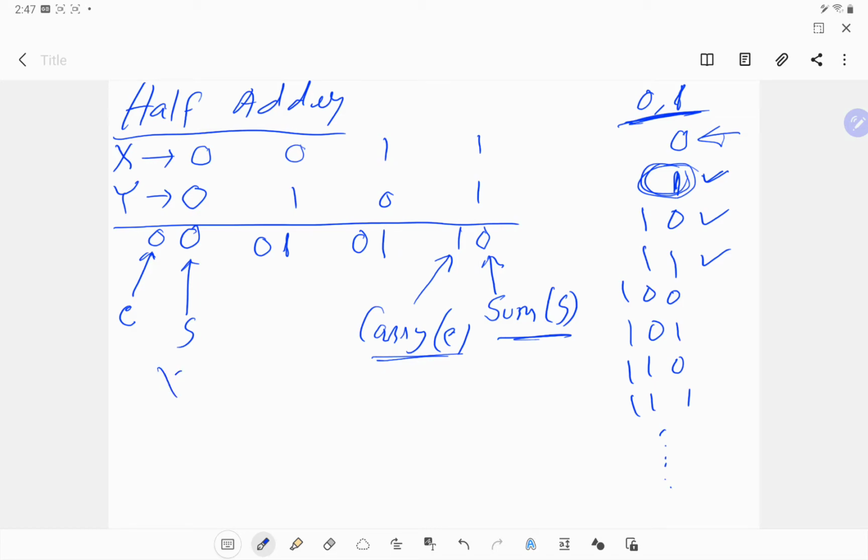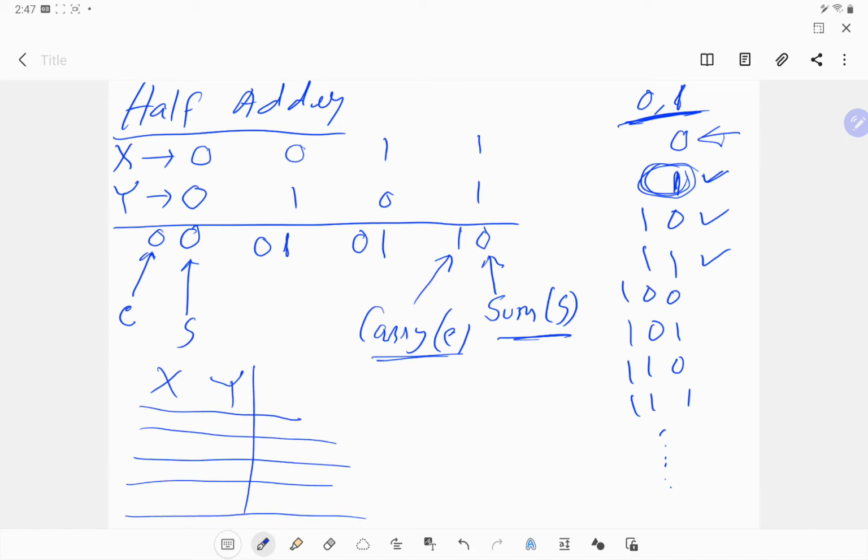So we have two inputs, X, Y. We have sum, we have carry.